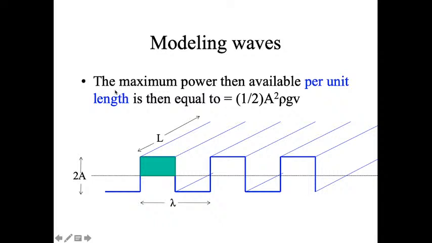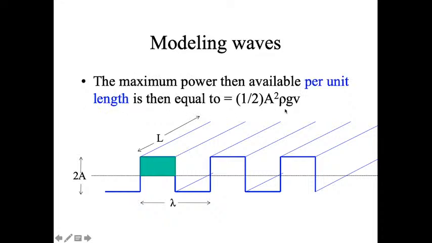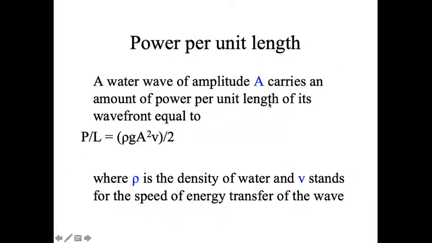And if you want to find it per unit length, obviously all you need to do is divide by the length, and we get this new maximum power available per unit length equation. So power per unit length, these questions are just simply plug and chug as long as you're able to remember or calculate this formula.